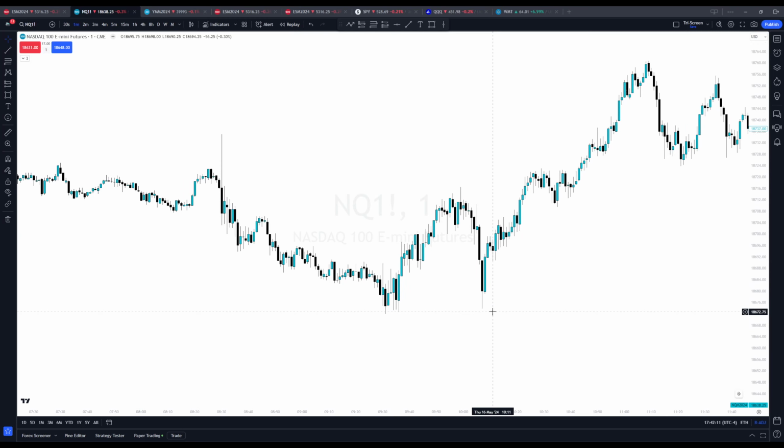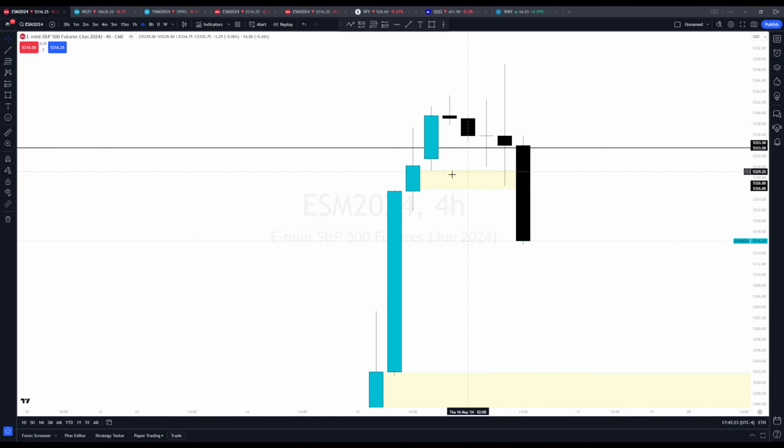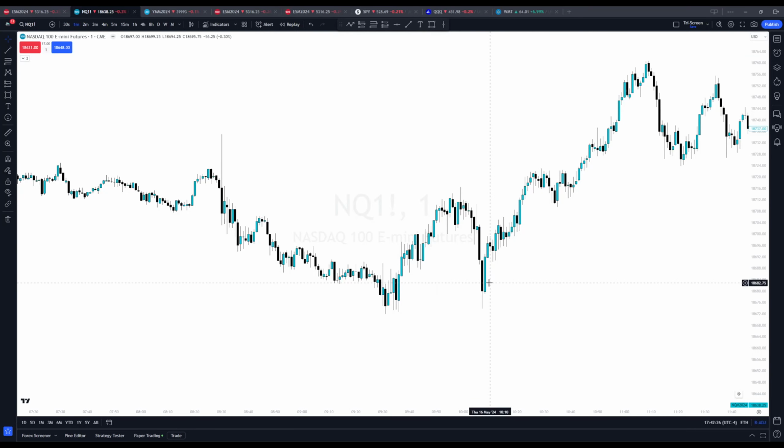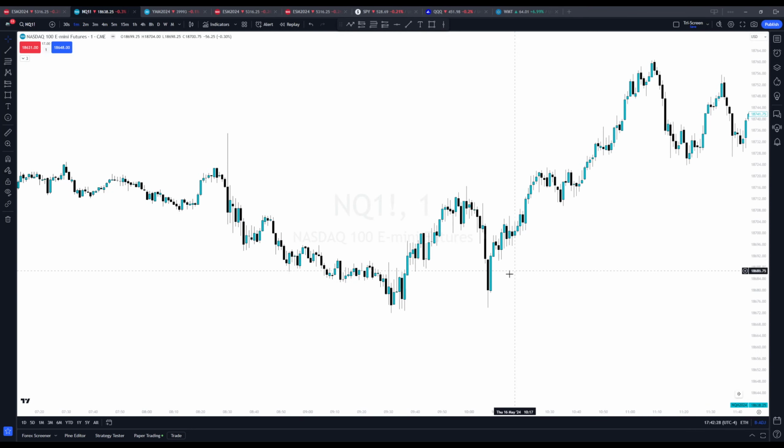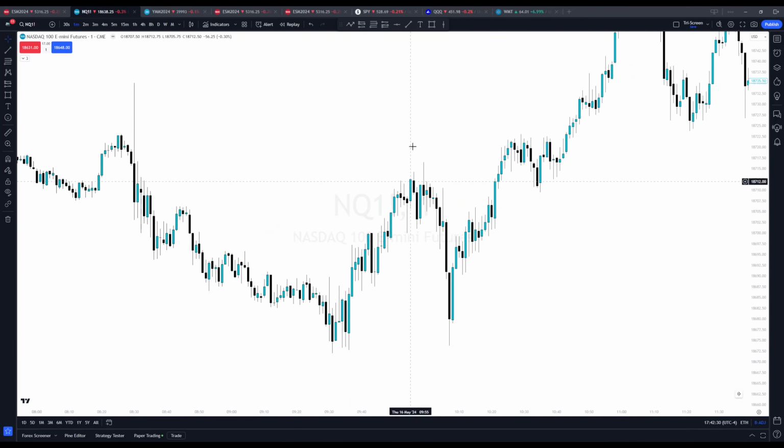Remember what I said, 9:50 to 10:10, so this can happen anytime between then. You see, 10:07 today is when we got it. This is when ES hit that 4 hour FVG that I showed you, right at 10:10. We expect reversal, so that's why I had confidence in that data high trade we took today.